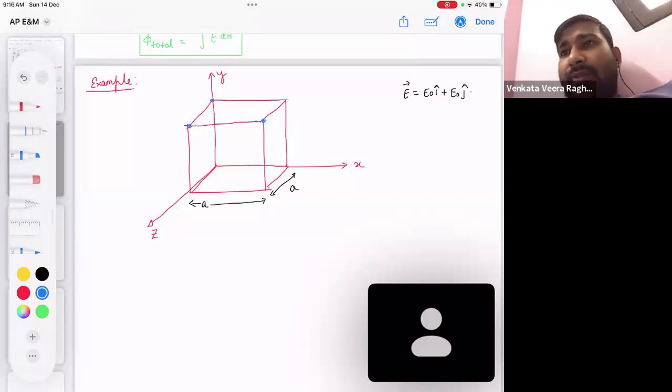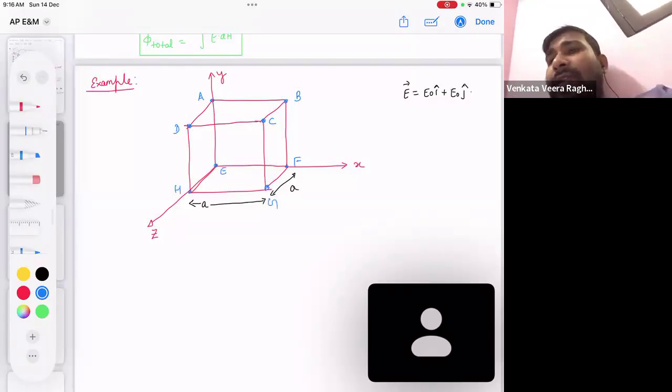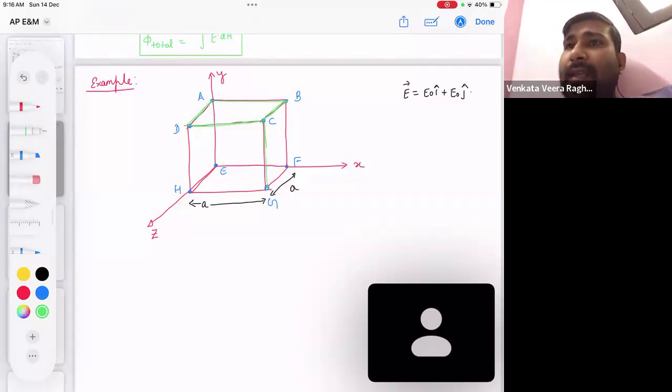Let's just mark those faces: A, B, C, D, E, F, G, and H. So tell me, if I'm calculating the flux, for ABCD, what will be the area vector? Check it. Will the area vector come in the plus J cap? Please tell.